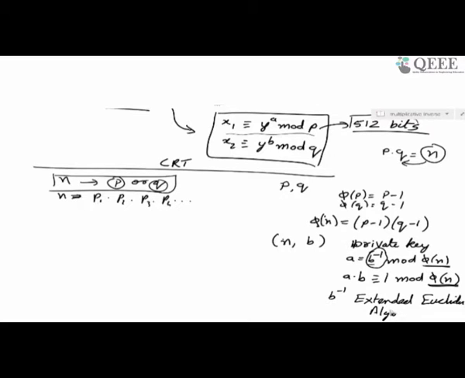If he finds b inverse, he knows what a is, and a is the private key, so he can decrypt any message. So the entire security of RSA depends on the fact that P and Q are kept secret.